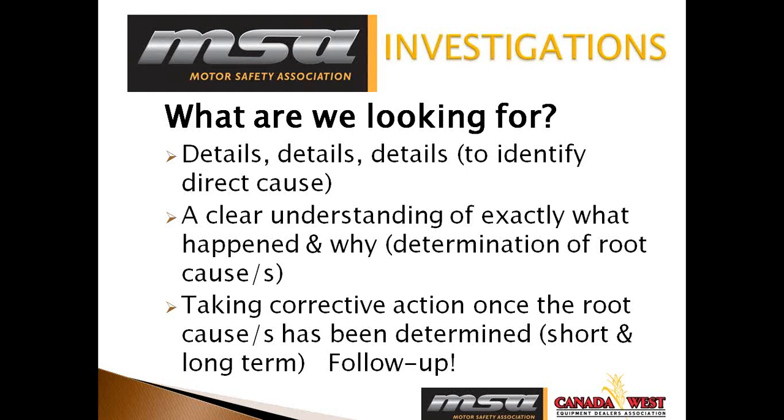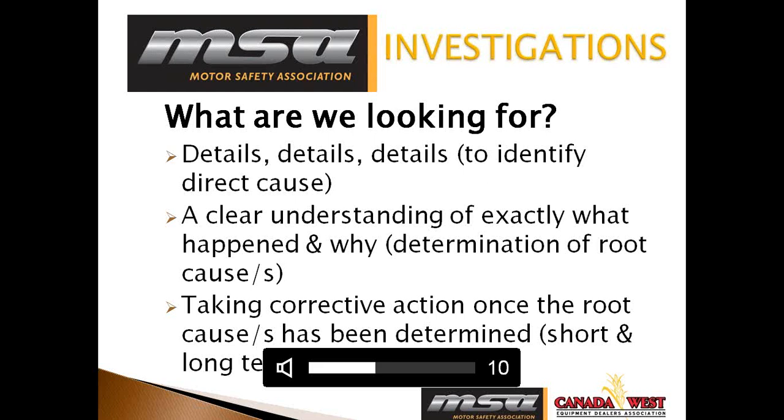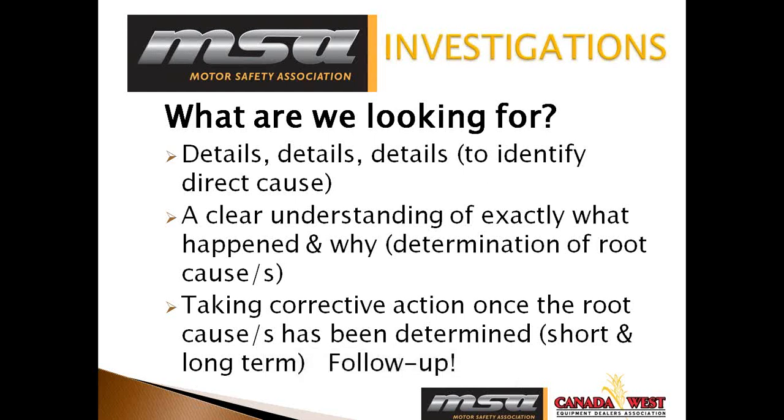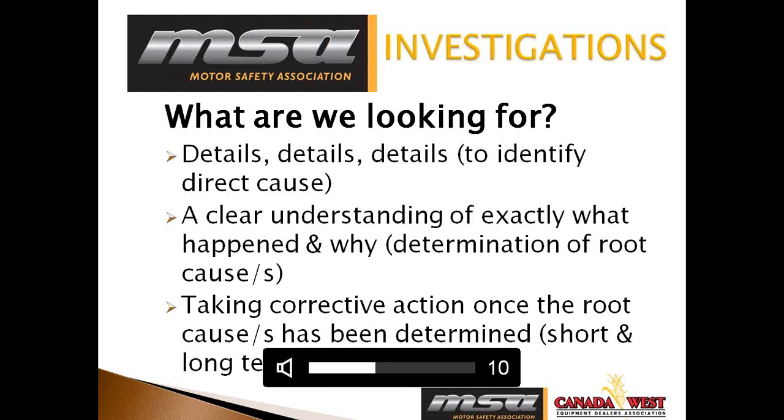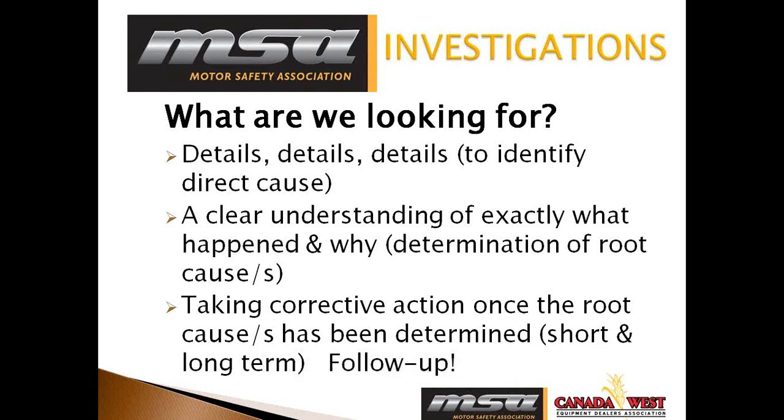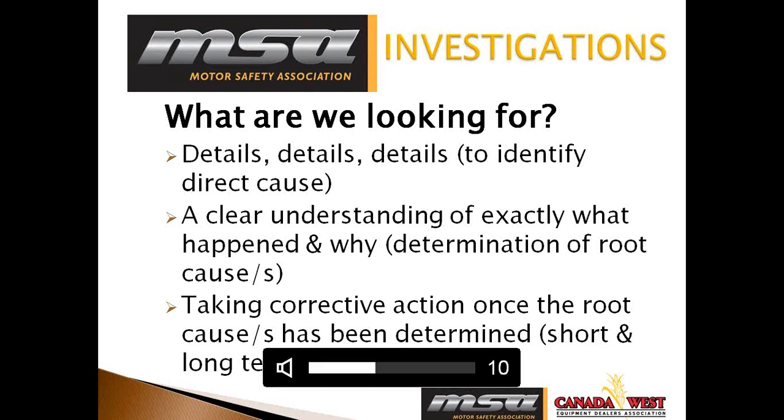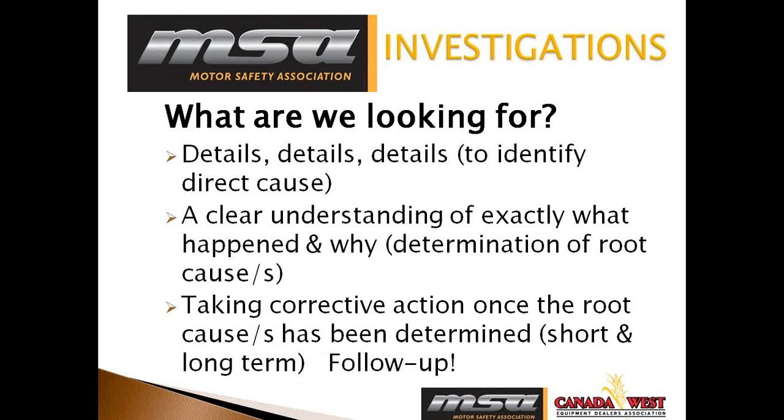Say, for example, if we were involved with a forklift incident, our short-term action may be to rent a replacement forklift or repair our forklift if there's some damage to it. Or long-term, we could be looking at purchasing and replacing that forklift. So there's some different items in place when we're looking at short-term and long-term items for corrective action.